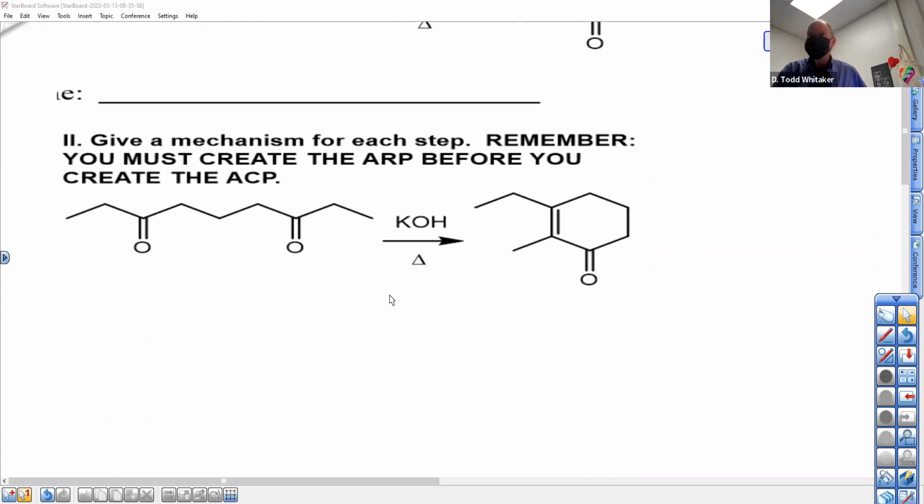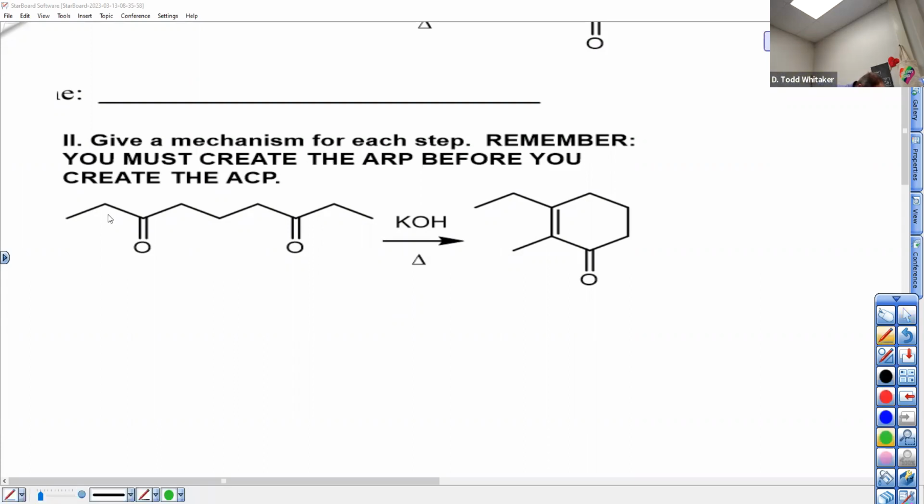8. Oh, there's 8. Now, which ones are the appropriate ones to make that ring? Guys, when you're stuck on a mechanism and you don't know where to start, numbering stuff helps.